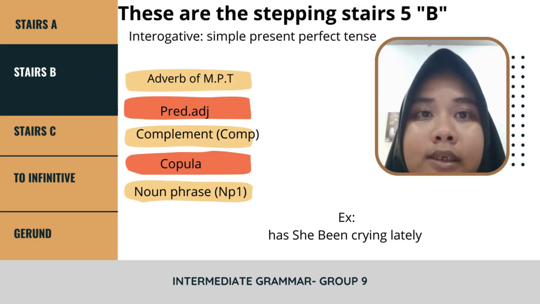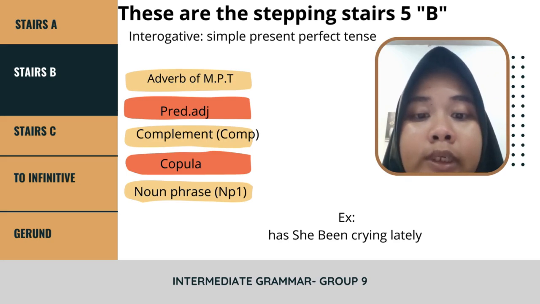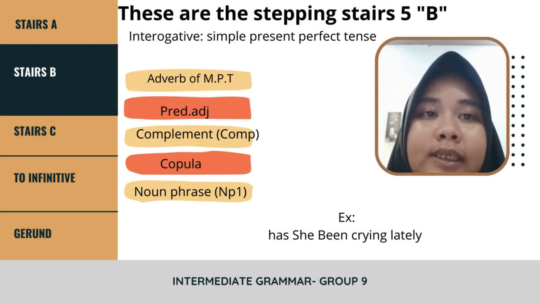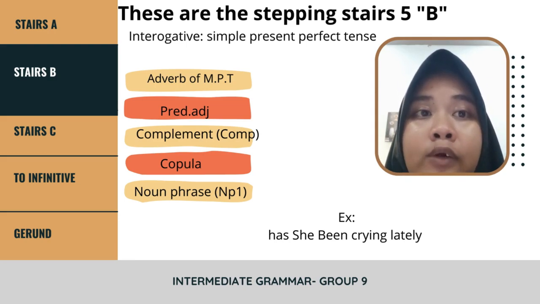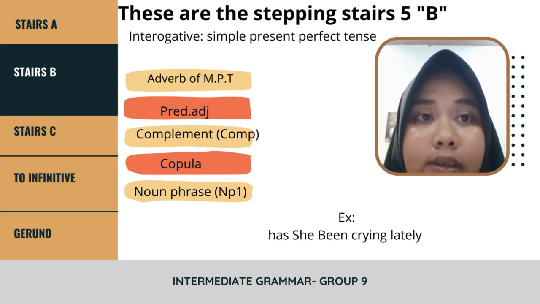The next is the stepping 5 stairs B, simple present perfect tense with the interrogative sentences. The example is has she been crying lately?